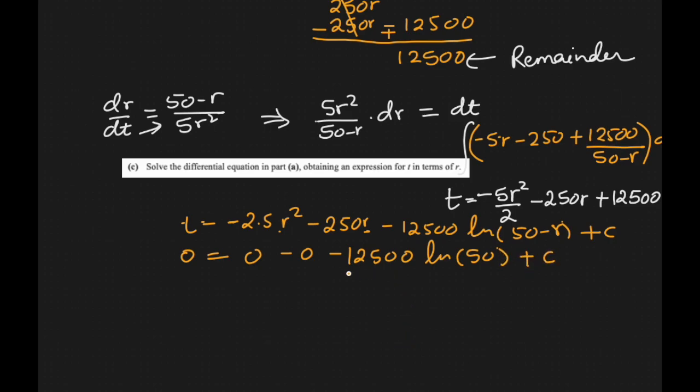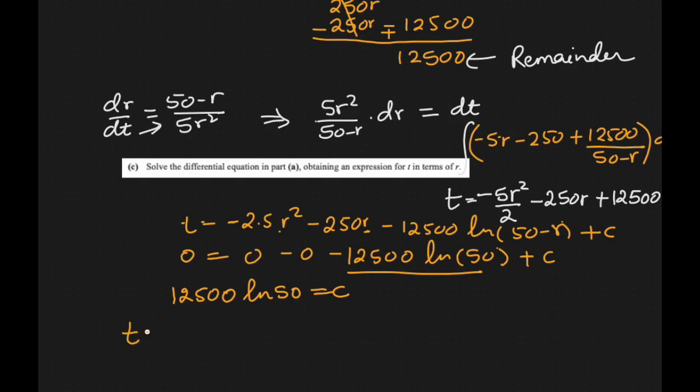Let me take this one to the left side. So 12500 natural log 50 equals c, and this value of c we will plug into the main equation.